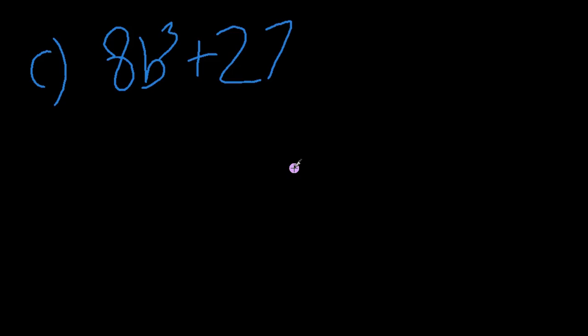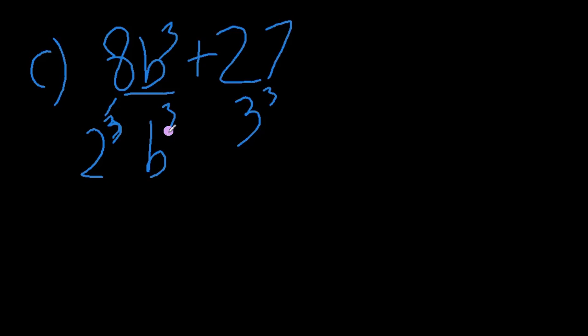Let's take a look at example C. 8b cubed plus 27. So this part's easy. The 27, I can just rewrite that as 3 cubed. This 8b cubed though, how can we break that up? So if you remember, 8 is the same thing as 2 cubed, and b, it's already written that way, so I can just rewrite it.